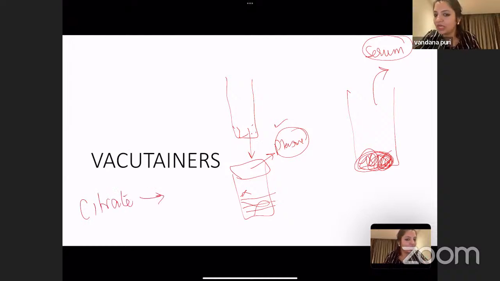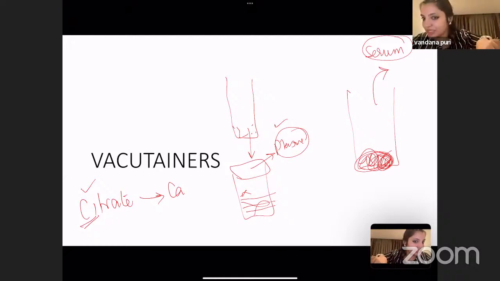It can be quickly reversed with calcium. As soon as you put calcium, the anticoagulant effect finishes and the blood starts clotting. Okay, so that is citrate. So if I want to test coagulation studies, citrate should be my preferred anticoagulant because it's a fragile one. As soon as I add calcium, the effect is gone and blood will start clotting.